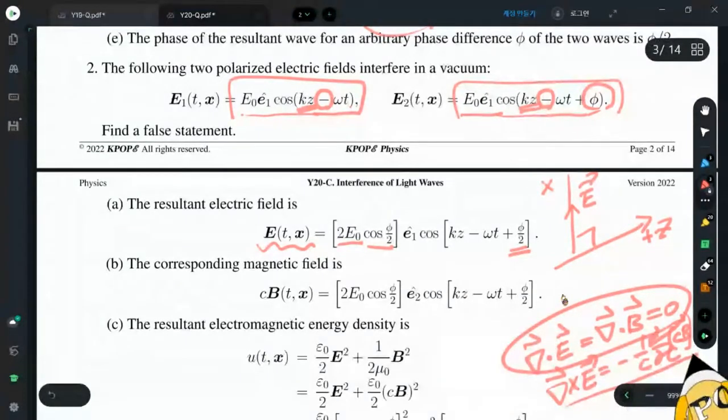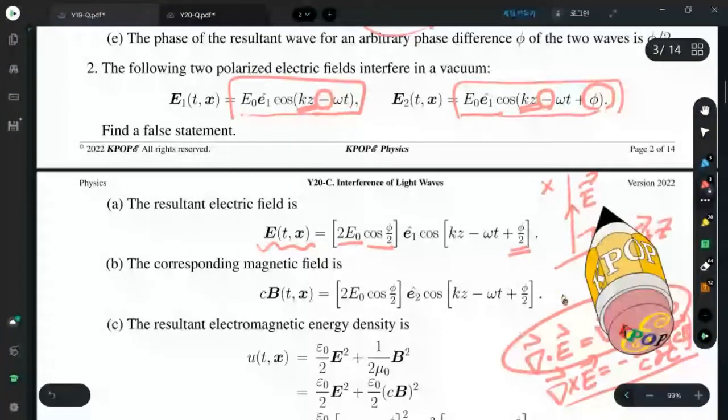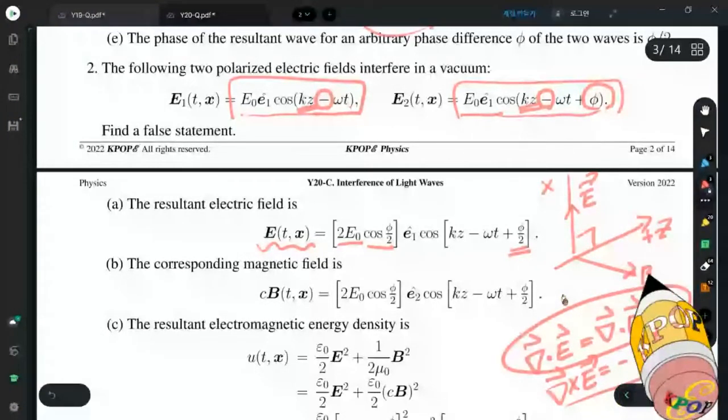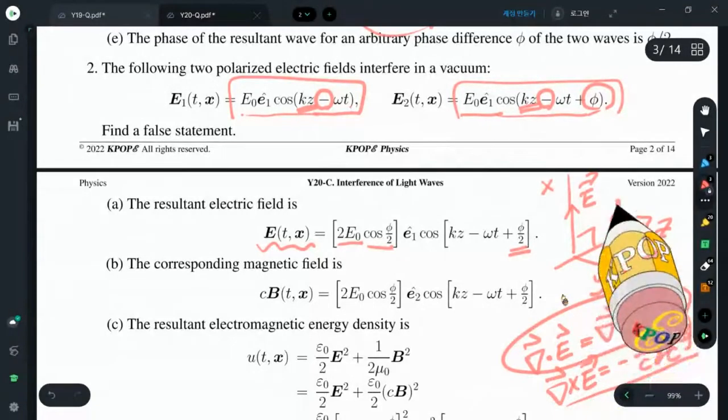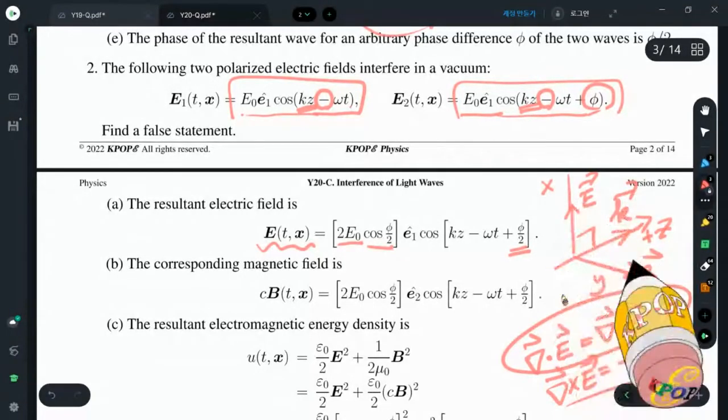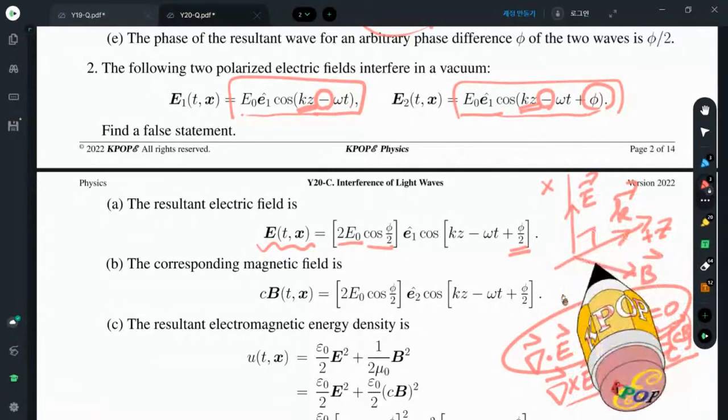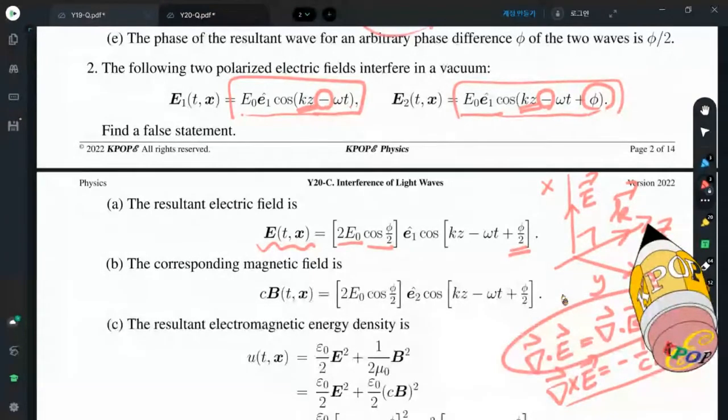According to this, we can see E field, B field, x-axis, y-axis, and wave vector k, they construct the x, y, z-axis.